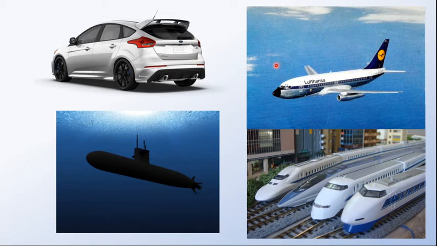Similarly here in case of aeroplane, which is an object which will be moving very fast in the air itself. So air will be playing a role on the surface of aeroplane.